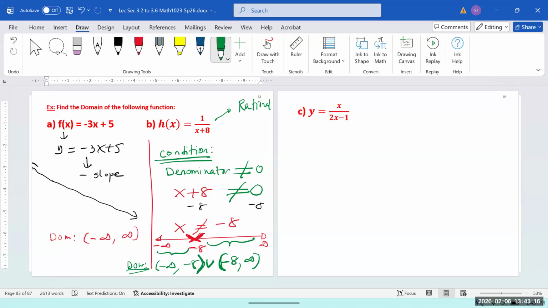The domain, negative half. You're very close. You forgot to change your sign. Here, go ahead.